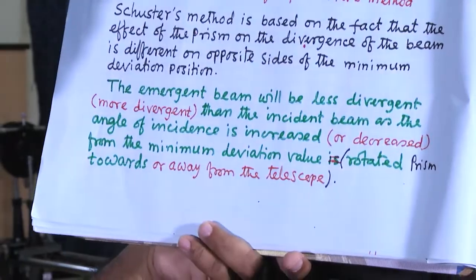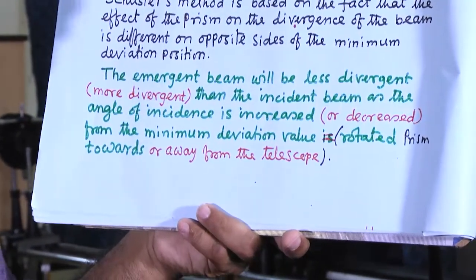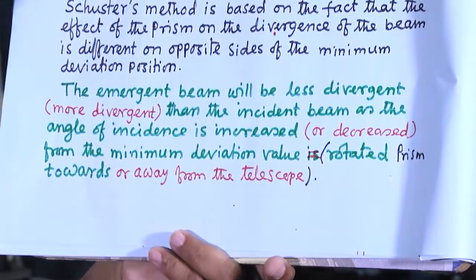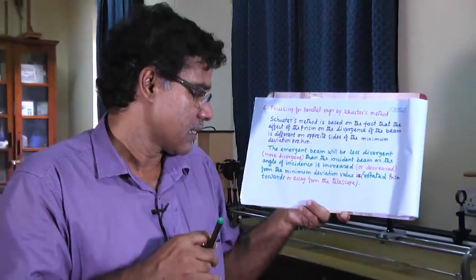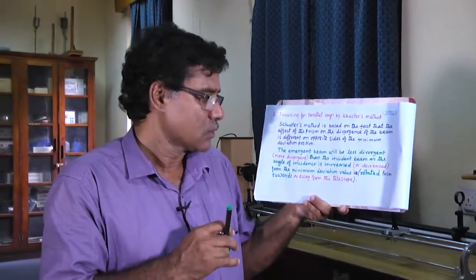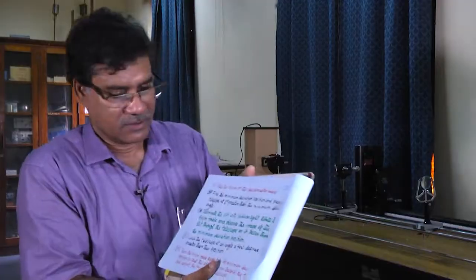So, incident angle increasing, divergence will be less; incident angle decreasing, divergence will be more.